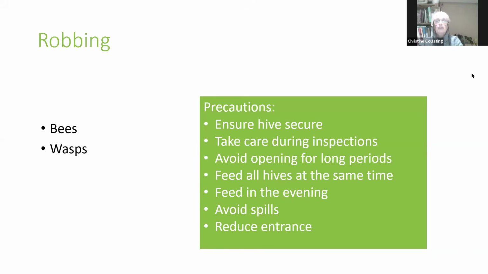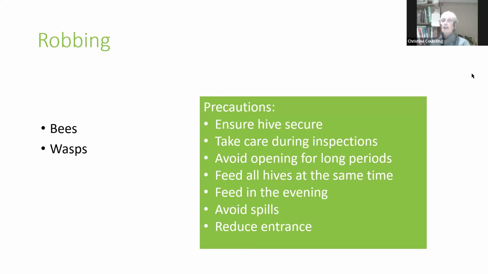I lost a colony last summer, and I realised too late that I had omitted to put the mesh in the roof, and wasps got in. Once wasps, or bees actually, have got into a colony, it's very difficult to reverse the situation unless you can move the colony.